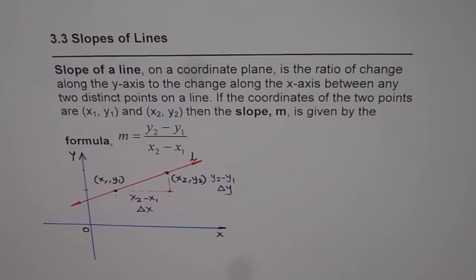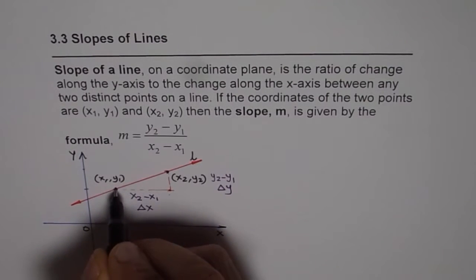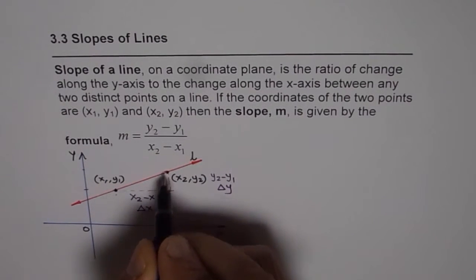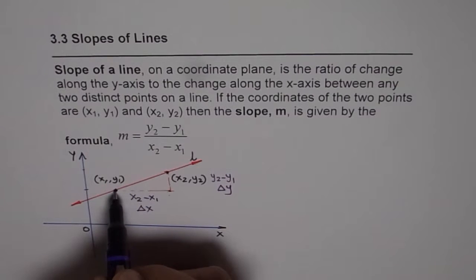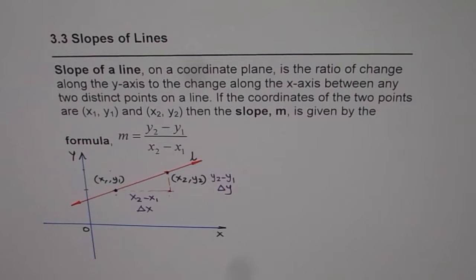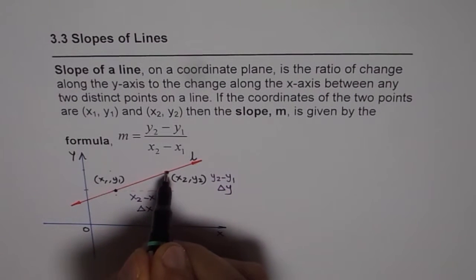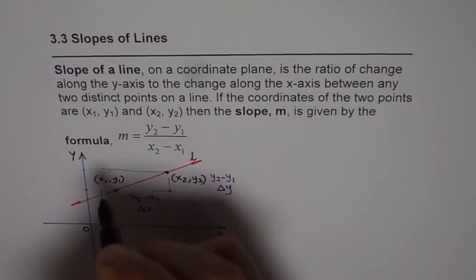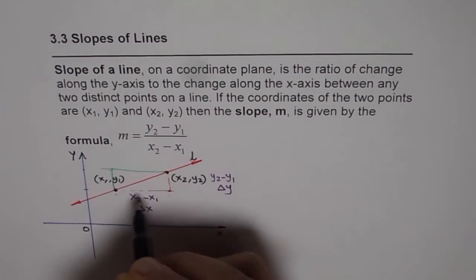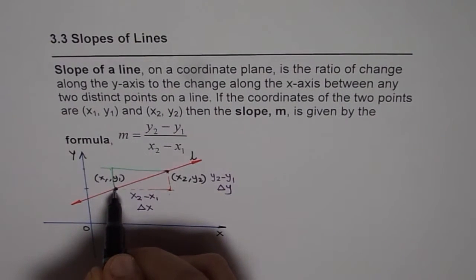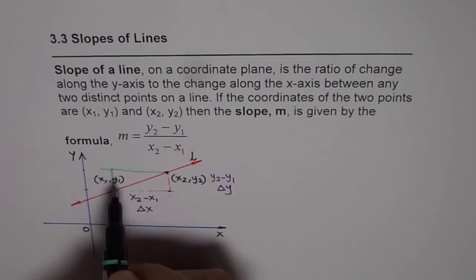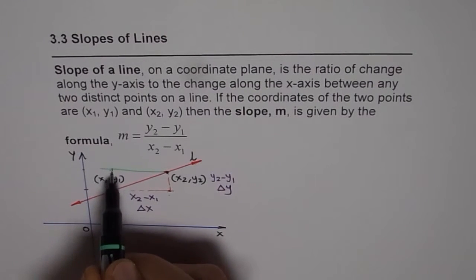Another way to look into it, if I am moving from one point to the other, then it is the ratio of change in y. So this time I will make the triangle the other way. So if I have to move from point A to B, in that case, what is the rise?